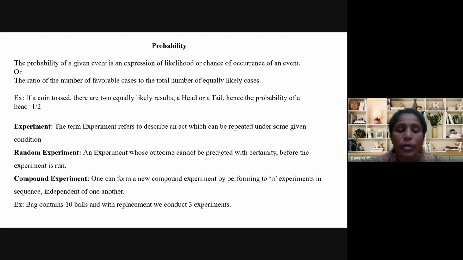And compound experiments. A compound experiment is formed by performing experiments in a sequence, and each must be independent of one another. That means you have to do the act n number of times repeatedly, but each act must be independent.